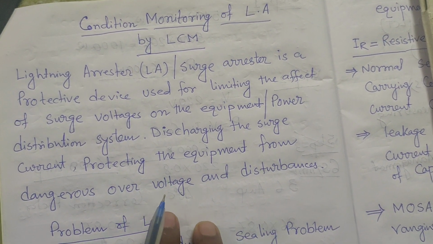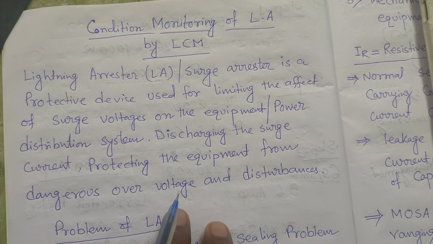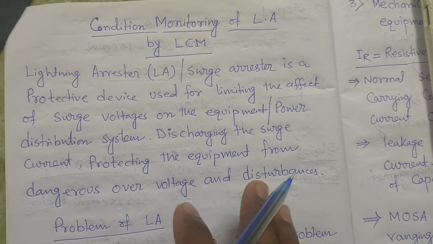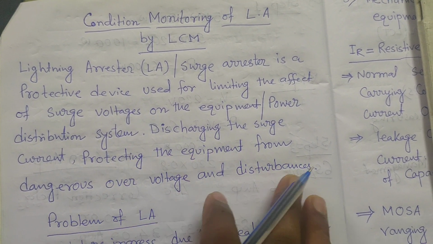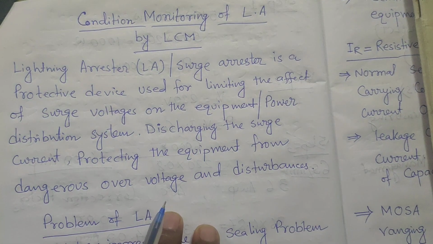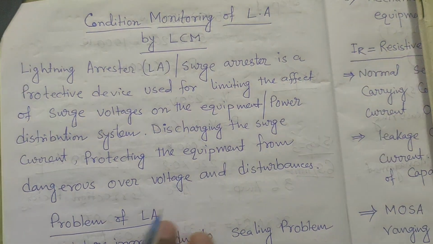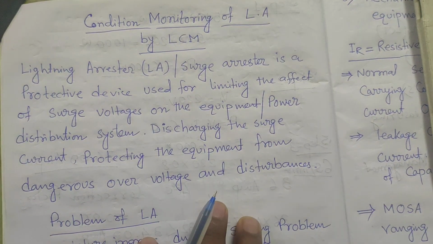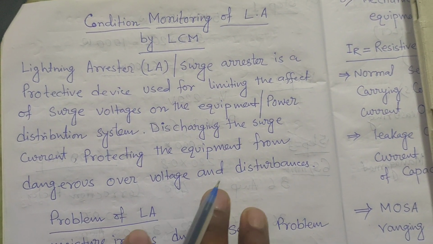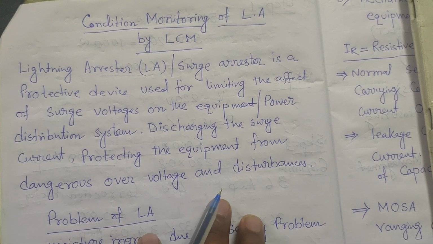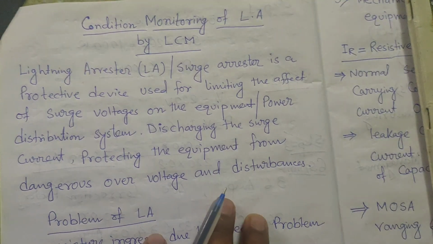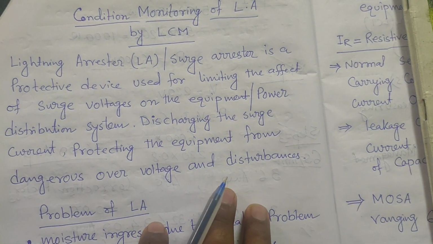Lightning arresters or surge arresters are used on the incoming side and outgoing side of the power transformers, outgoing feeders, and outgoing lines for protection from dangerous overvoltage and disturbances. It absorbs the surge voltage.